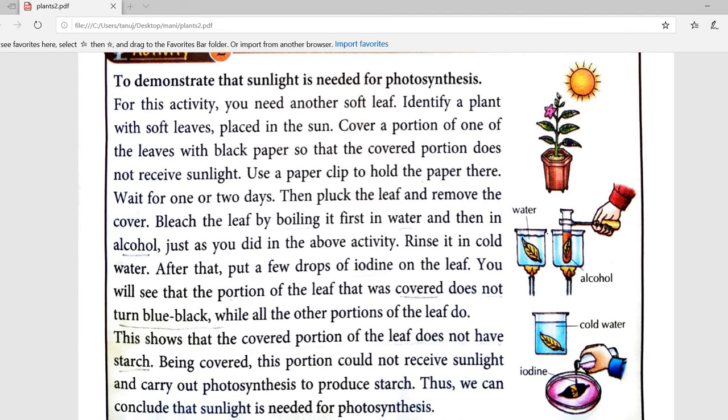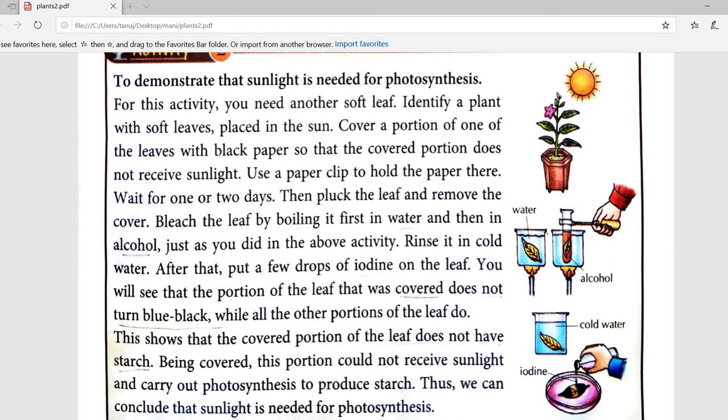The rest of the leaf is producing food, meaning the photosynthesis process is going on there, but the covered portion does not have starch, so it is not able to prepare food, and it does not turn blue black.